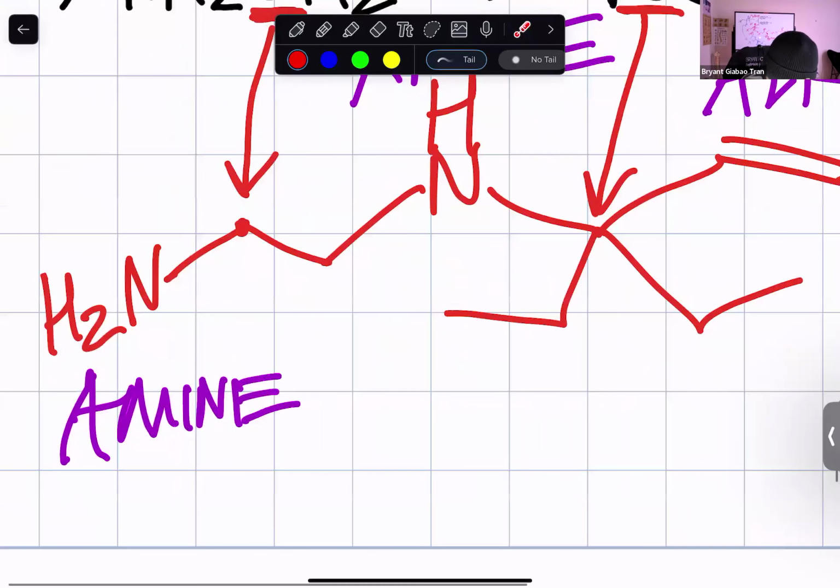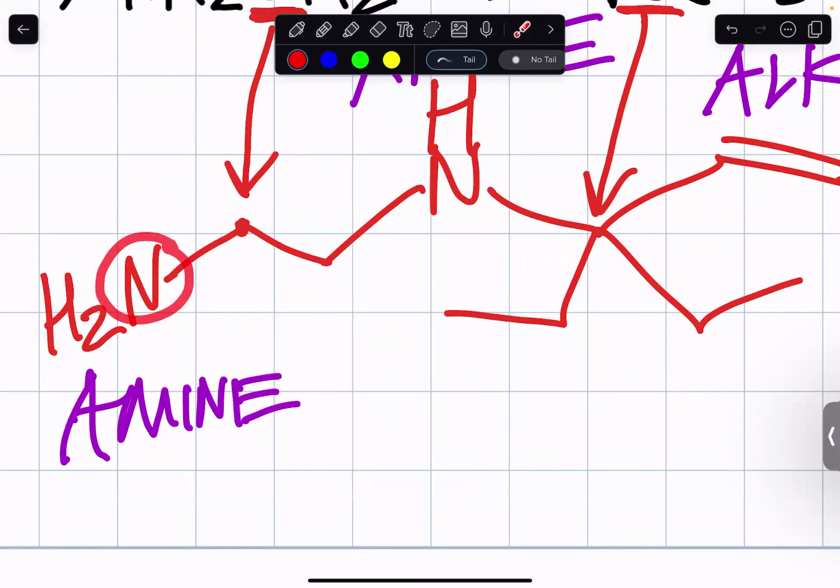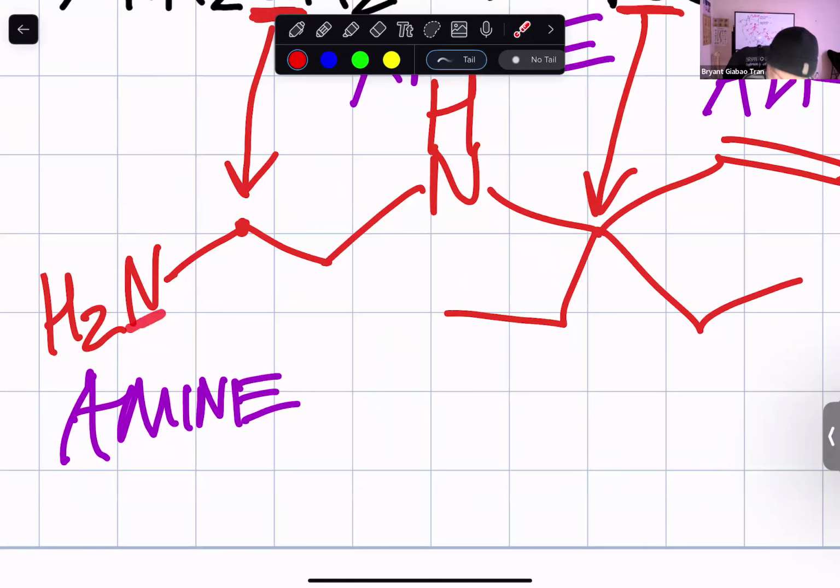How many other carbons is this nitrogen attached to? 2. Right, so we see that this nitrogen here is only attached to one carbon, which is this one carbon right here. One carbon, right? And if it's attached to one carbon, we call that a primary amine.